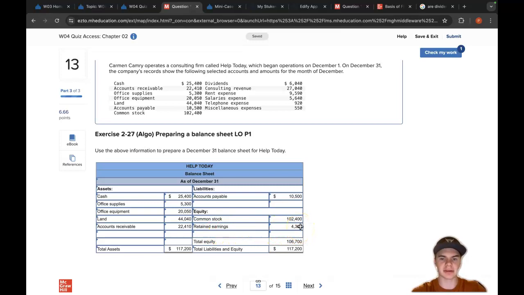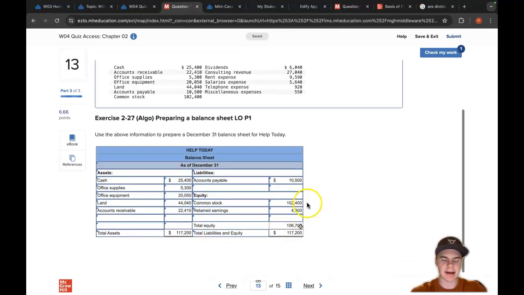So yeah, perfect. That'll bring us this total equity number. And then you'll also want to make sure that you're selecting total liabilities and equity down here. That'll be the total liabilities right here, added with the total equity right here, and that'll equal 117,200.